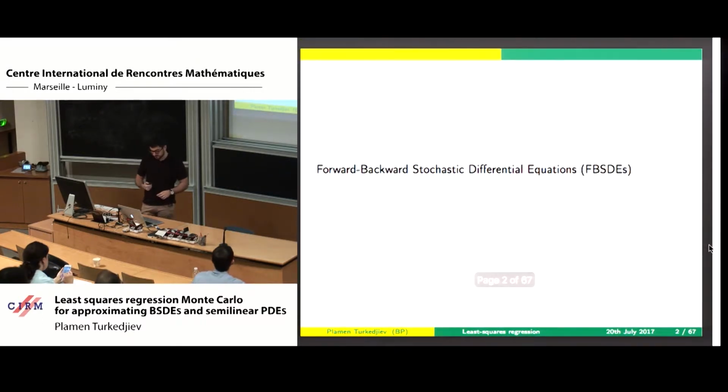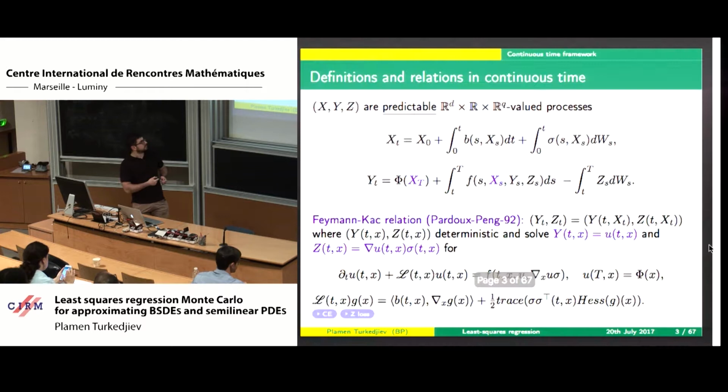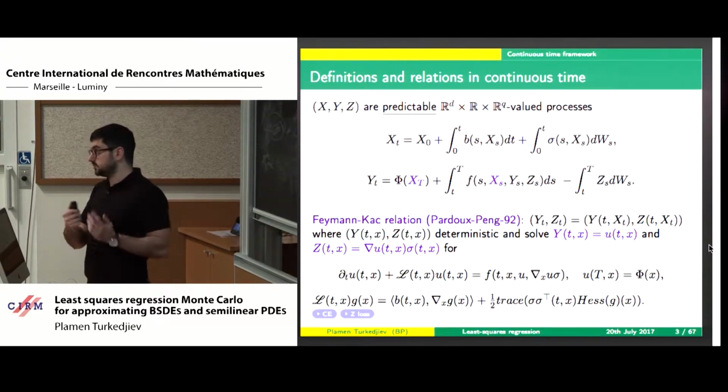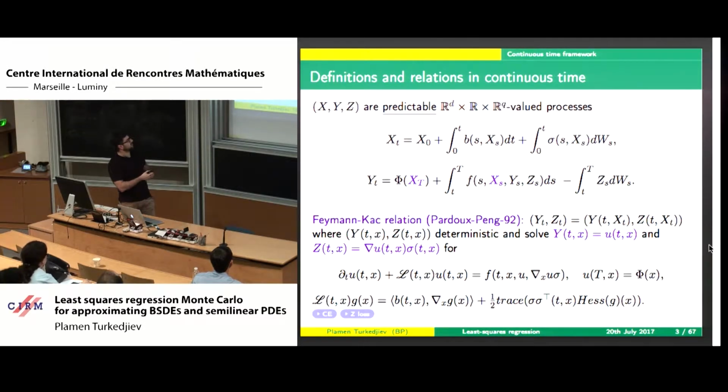So just to introduce our continuous time setting, these are the problems that we're typically looking at. This is a forwards-backwards stochastic differential equation. We've seen this already several times in the conference.